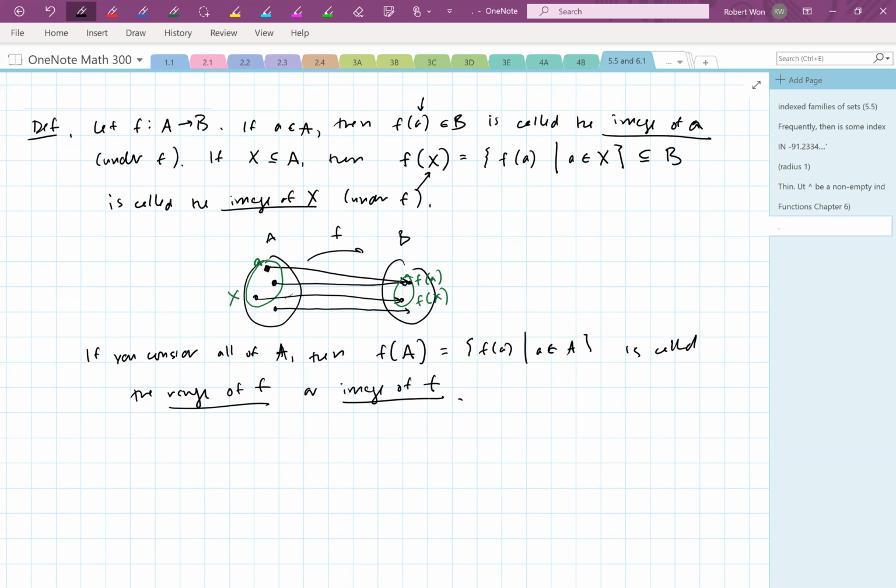Let me give you a really concrete example. Everybody's favorite function, let's consider the function f from R to R that maps f of x equals x squared. It maps every x to its square. By the way, when I said earlier that a bunch of people might say a function is like f of x equals x squared, f of x equals x squared does not define a function.